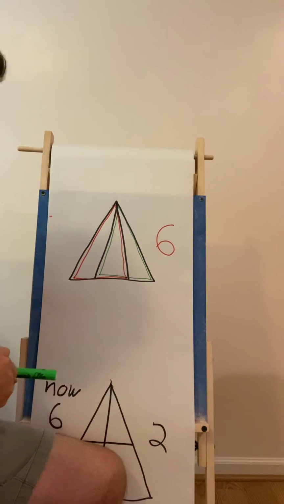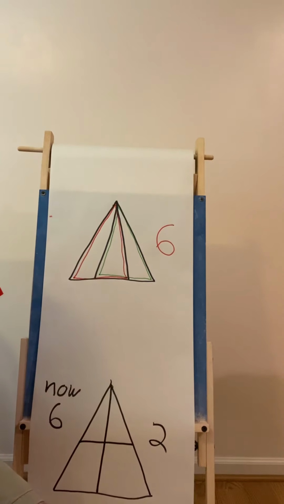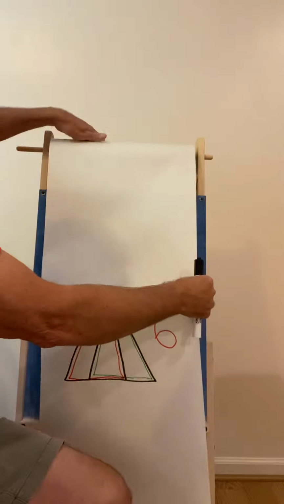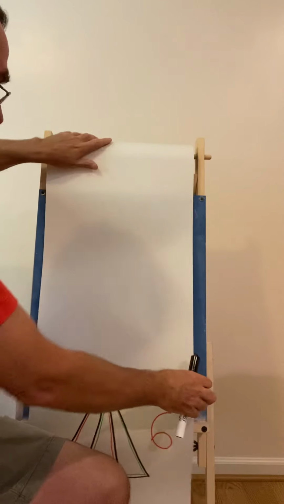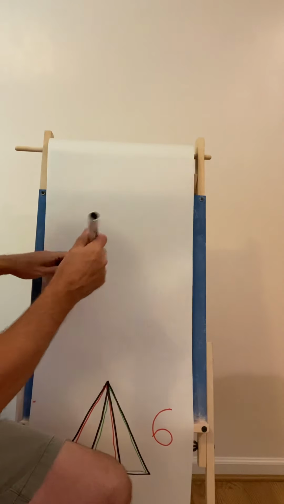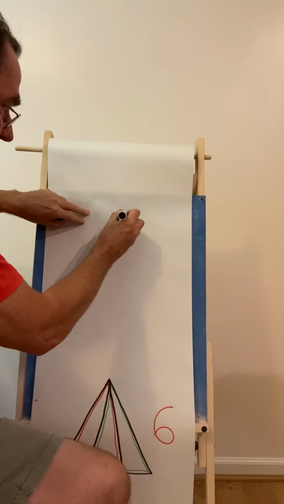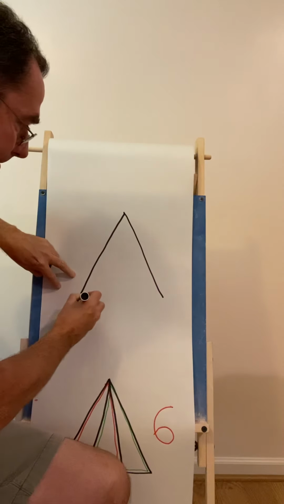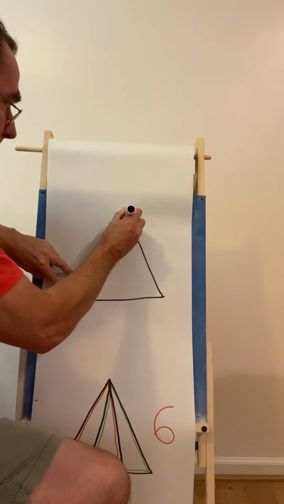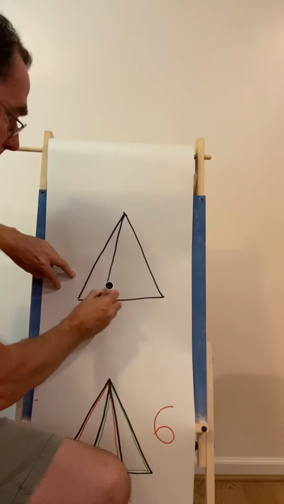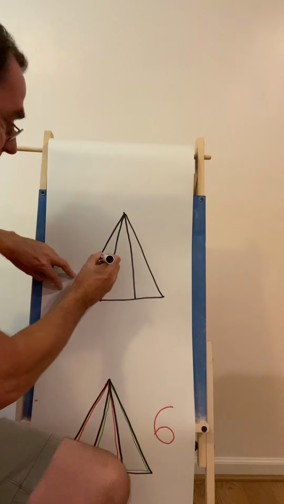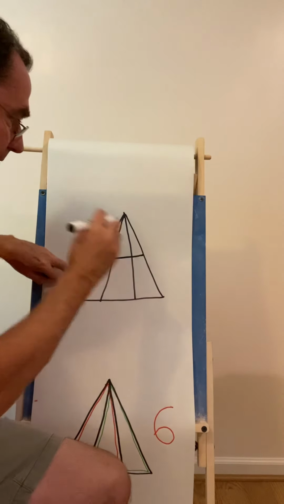Okay, I think we're almost ready to answer the original question, but I'm going to do one more step before we go back to there. I'm going to take a diagram that had 6 triangles in it, and I'm going to draw this.